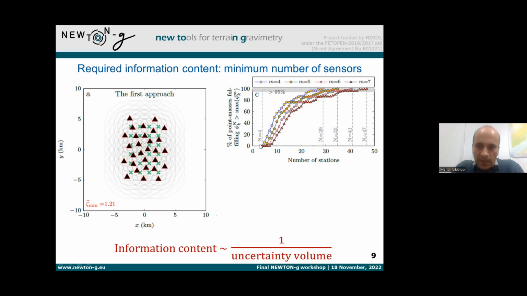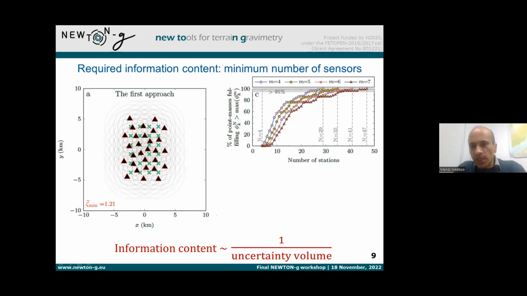We see that as we increase the number of stations in the network one by one, the information content starts to increase, and as we increase the number of stations little by little, a larger number of point masses receive enough information content.